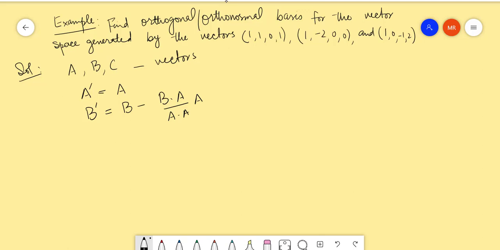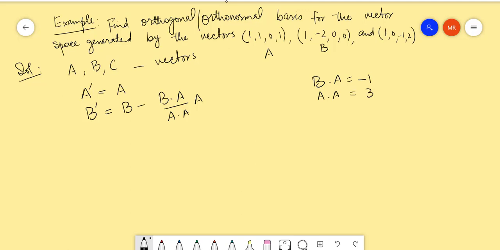And if we compute B dot A, this is B, this is A. So B dot A is 1 minus 2 plus 0 plus 0. Hence this is minus 1. And if we compute A dot A, the scalar product with A, this is 1 plus 1 plus 1, which produces 3.